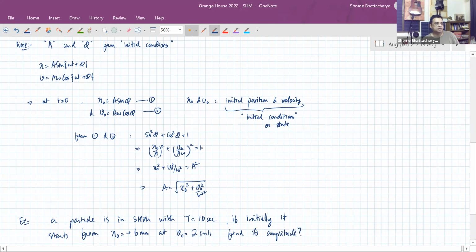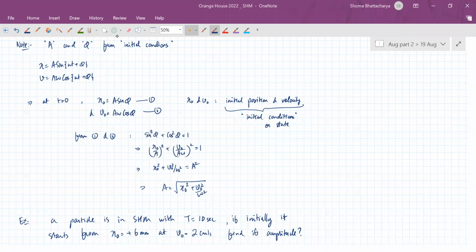So for this type of question, we will use the above formula. Okay. So just make a note of this and work out this question. We will discuss.